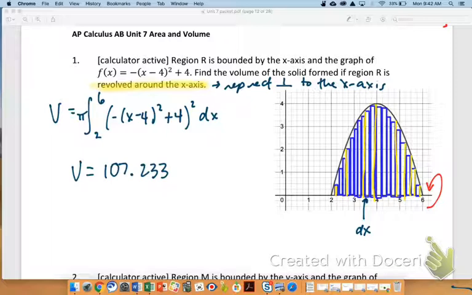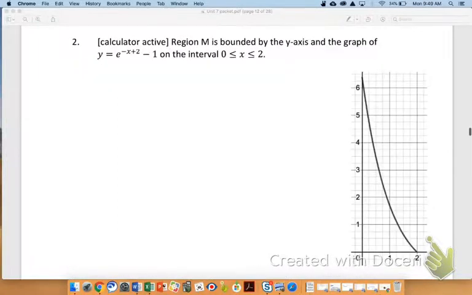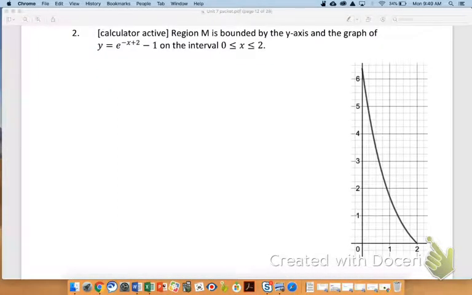Okay. Here we go. Let's look at our final example. Number 2. Like I said, number 2 has an omission typo. Notice how I never gave you any sort of an axis of rotation. Or really, to be honest with you, I never even gave you a directive, like find this. So how about this? This is how this one would go.